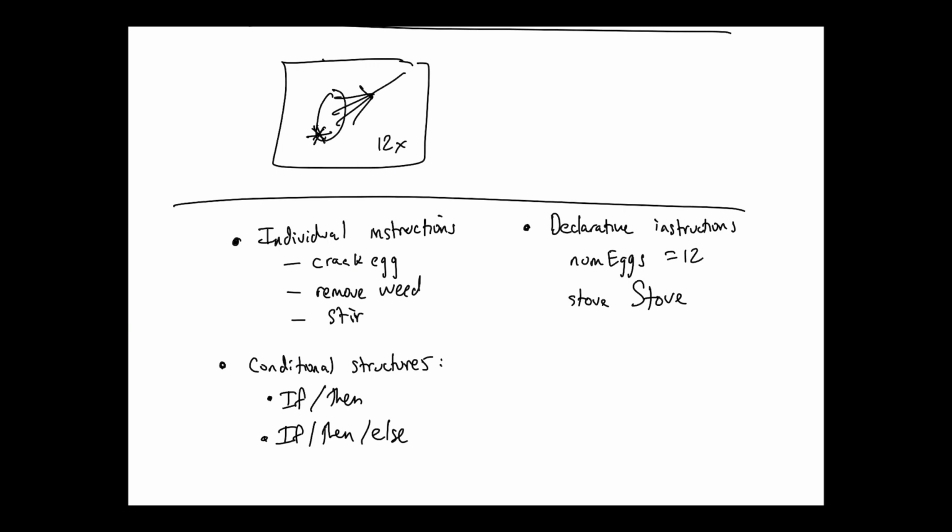I might actually add that to the individual instructions. A lot of languages, though, do have some sort of instruction that basically says stop doing things, like terminate the program. Then, what about the egg cracking part? What did we do with that?